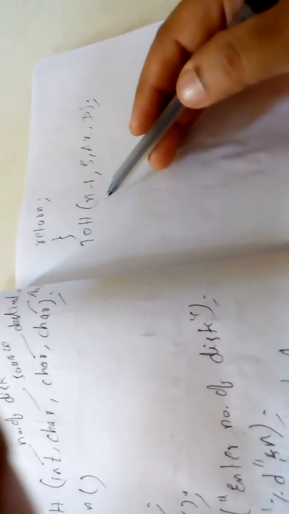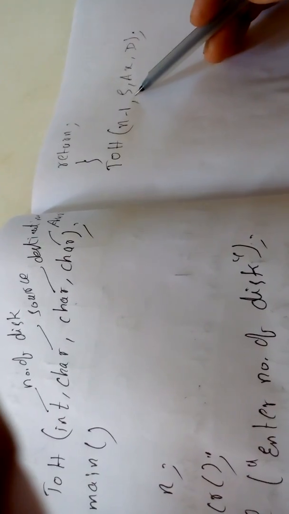N minus 1 indicates that we have to follow the order. What is the order? Number of disks, source, destination, and auxiliary. Here the destination we assumed initially acts as auxiliary. So here we transfer from source to auxiliary with the help of destination.